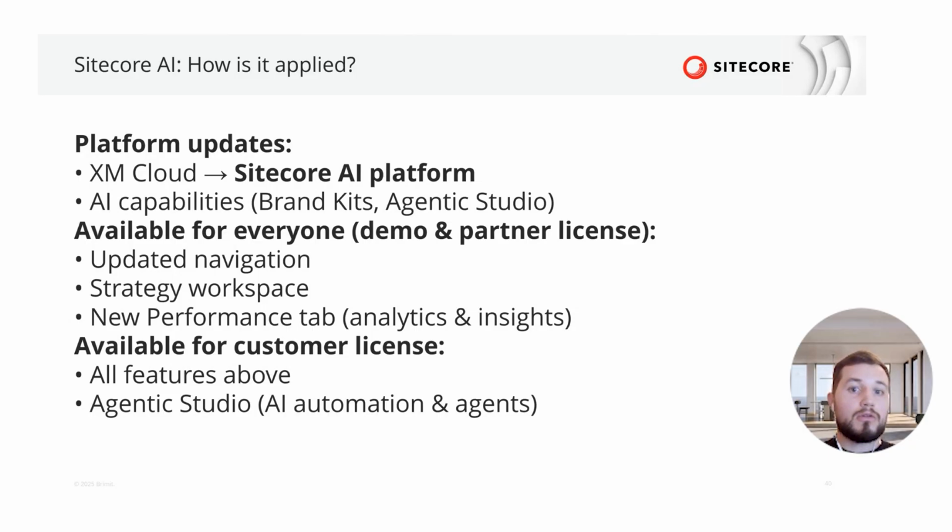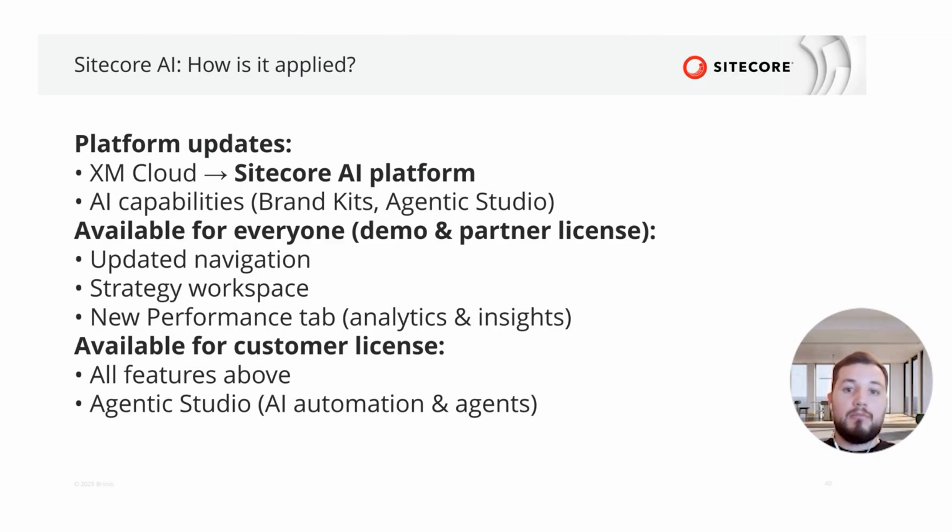Now let's talk about how Sitecore AI is applied and what the new changes mean for us. First, Sitecore took the old XM Cloud platform and expanded it. Now it is the Sitecore AI platform.